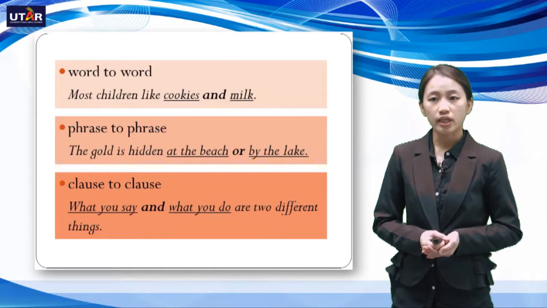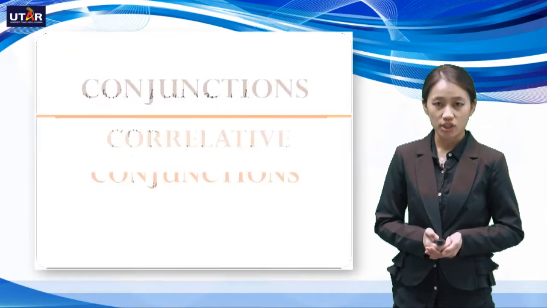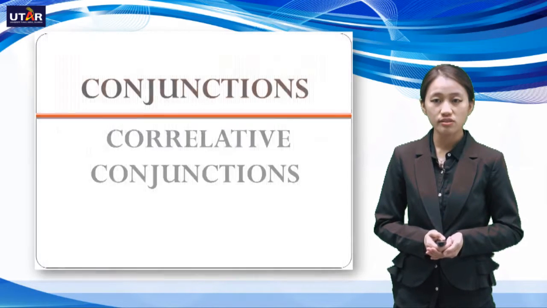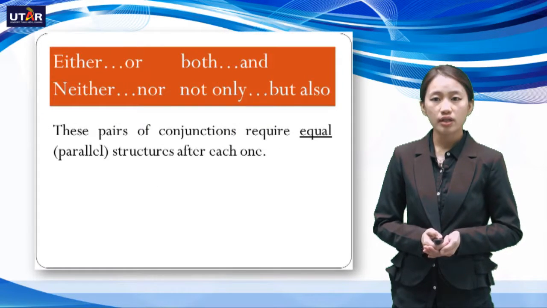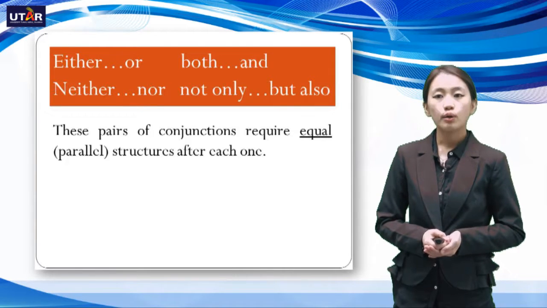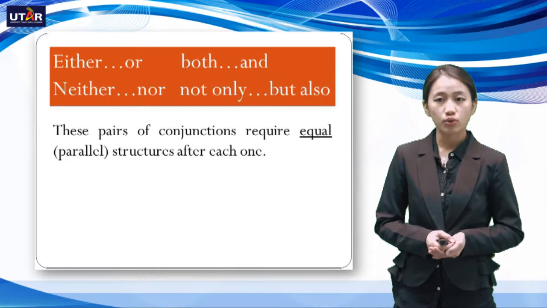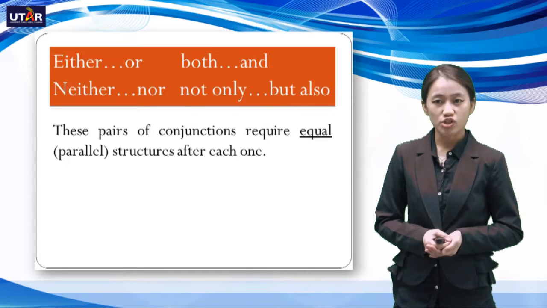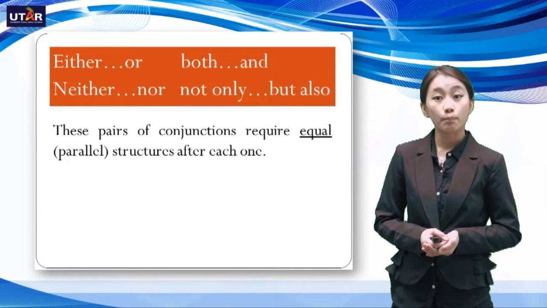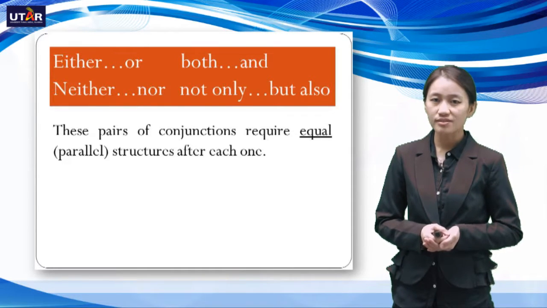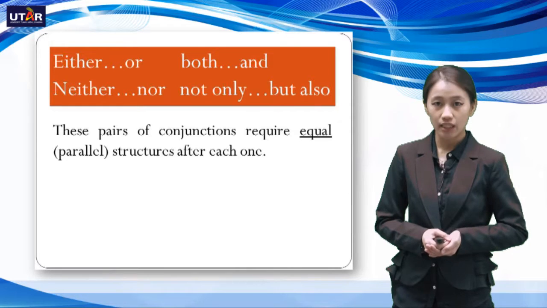Next, we will be looking into the correlative conjunctions. For correlative conjunctions, either or, neither nor, both and, not only but also. So these pairs of conjunctions require equal or parallel structure after each other. So if you notice again, the key word here is equal.